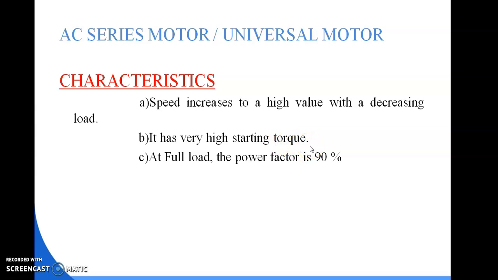Remember, the universal motor has very high starting torque. And also, at full load, the power factor is 90%. When the universal motor is in full load condition, its power factor cos-phi is 90%, or we can say the power factor is high when the motor is at full load condition.